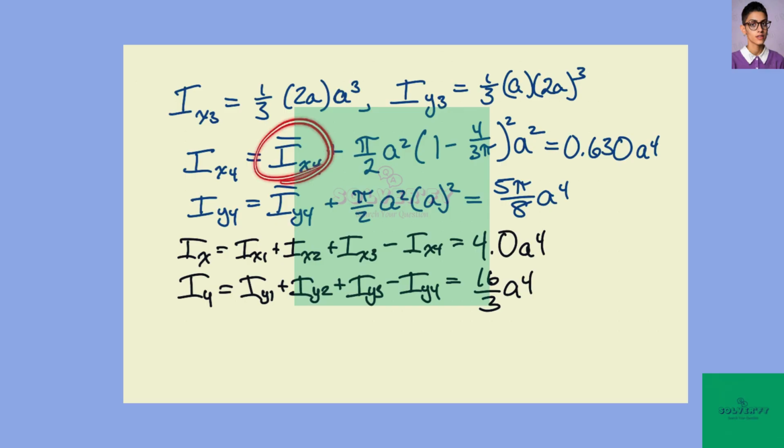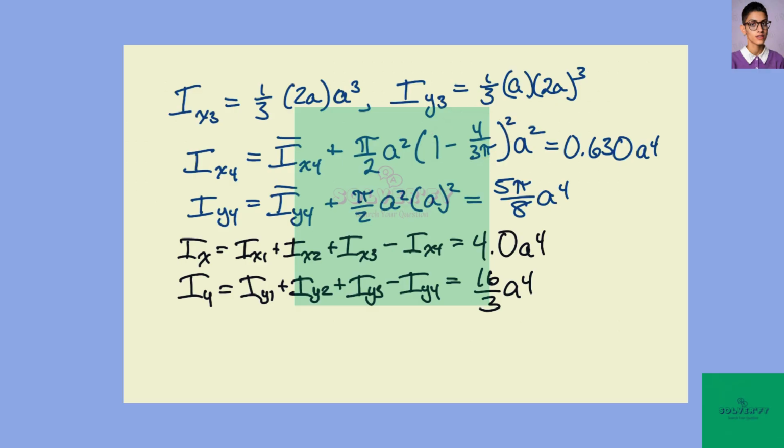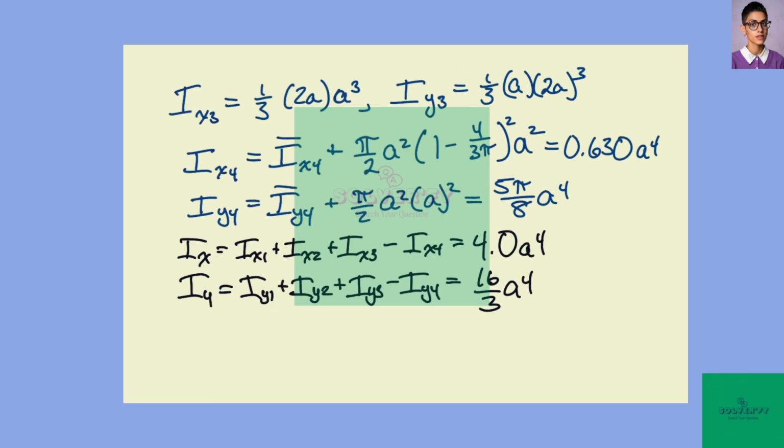Now we need the distances. This distance is a, and this distance back up is 4a over 3 pi, so we get (1 minus 4 over 3 pi) squared times a squared times the area, and that all comes out to be 0.6308 a to the fourth. From the centroidal y-axis to this y-axis we have a distance a, so that one's easy. We get 5 pi over 8 a to the fourth.